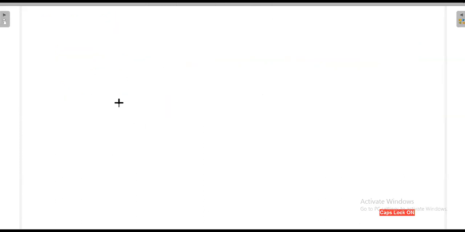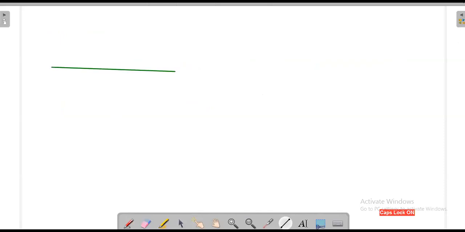Next I take an interface like this. This is region 1, having mu r1.